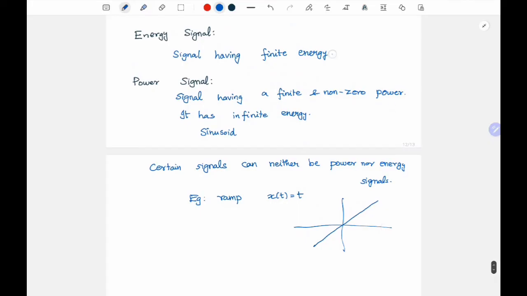And if any signal is an energy signal, then its power will be zero. Hence, it cannot be a power signal. On the other hand, if you take any power signal, its energy is infinite. So it cannot be an energy signal.